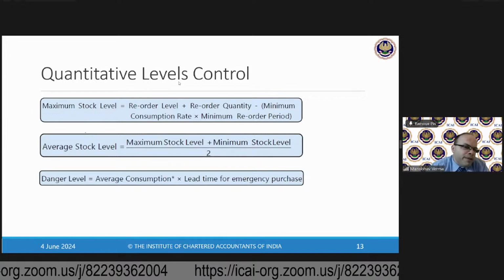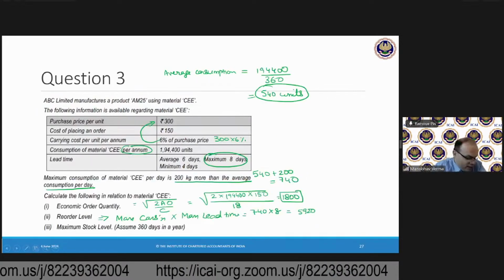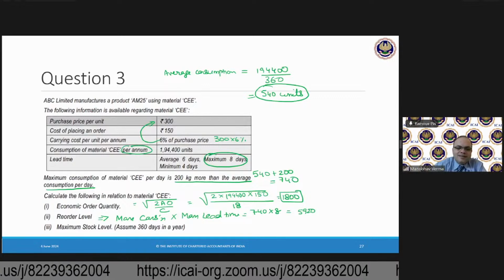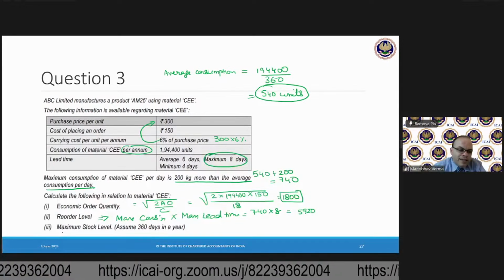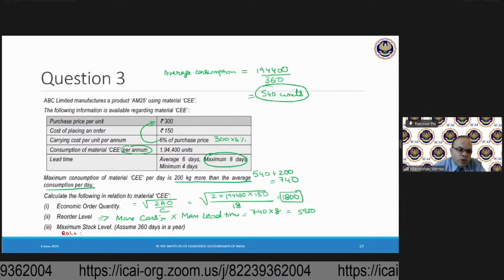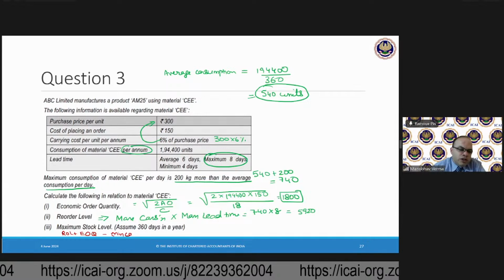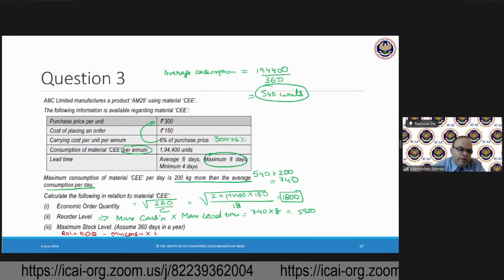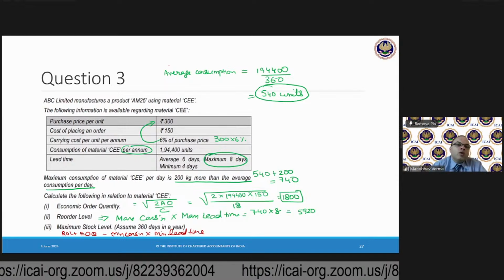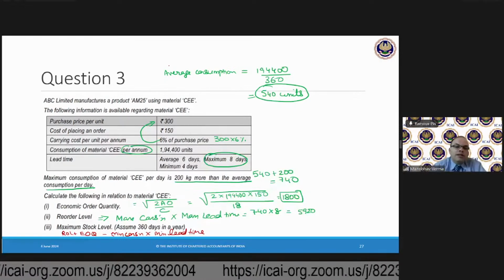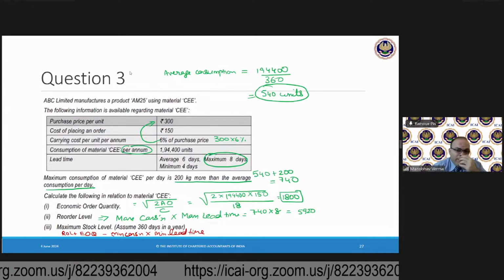How do we go about the minimum consumption here? I'm stuck. I need your help here. The formula, if I want to quickly write it down, tells us ROL plus EOQ, minus minimum consumption into minimum lead time. How do we calculate the minimum consumption? That is the call here. Anyone who'd like to apply some logic?